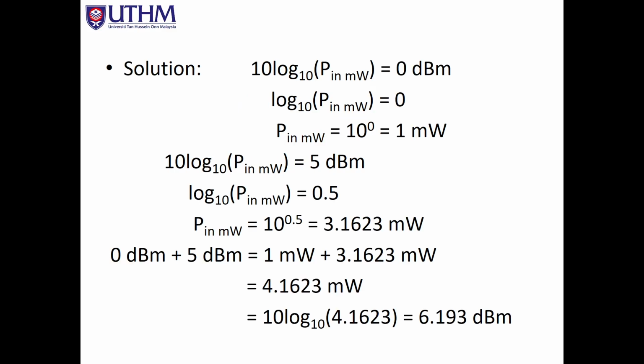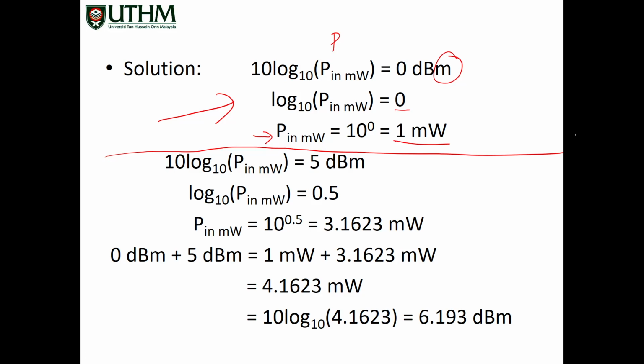Okay, so the first one, you convert 0 dBm. 10 log power milli, because this is milli. You divide with 10, you get 0, and then power in terms of milliwatt, anti-log of 0, you get 1 milliwatt.